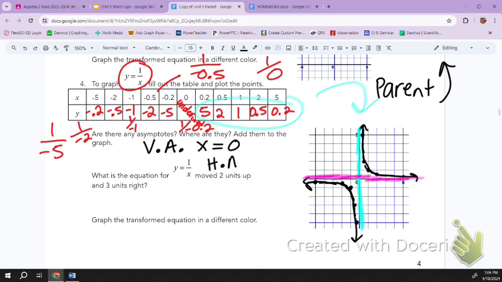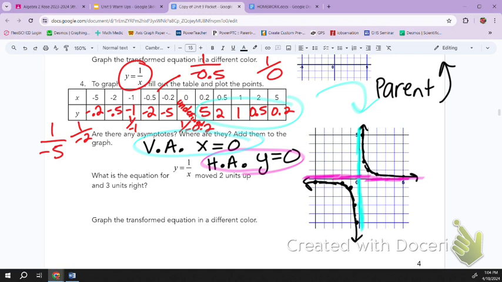The horizontal asymptote is at y equals 0. Again, I'm trying to color code so we can differentiate and see the difference. So vertical ones go up and down, horizontal are the horizontal ones. I just abbreviated this. VA for vertical asymptote, HA for horizontal asymptote.